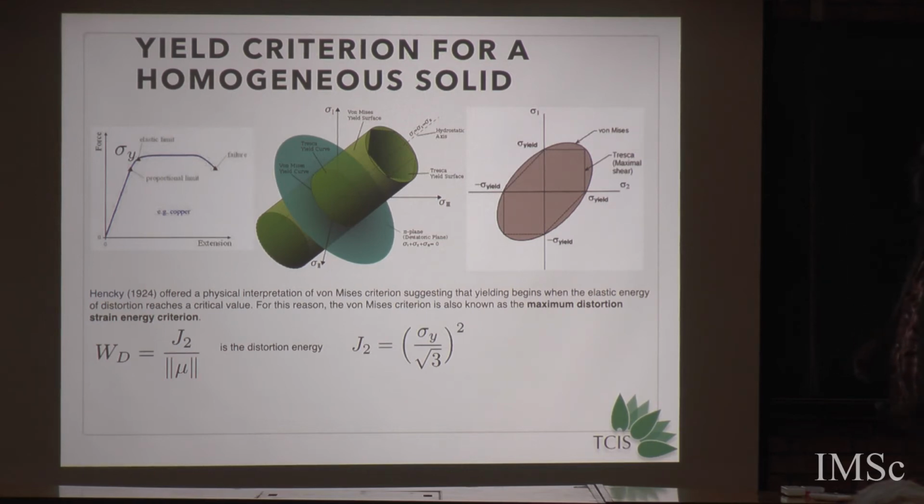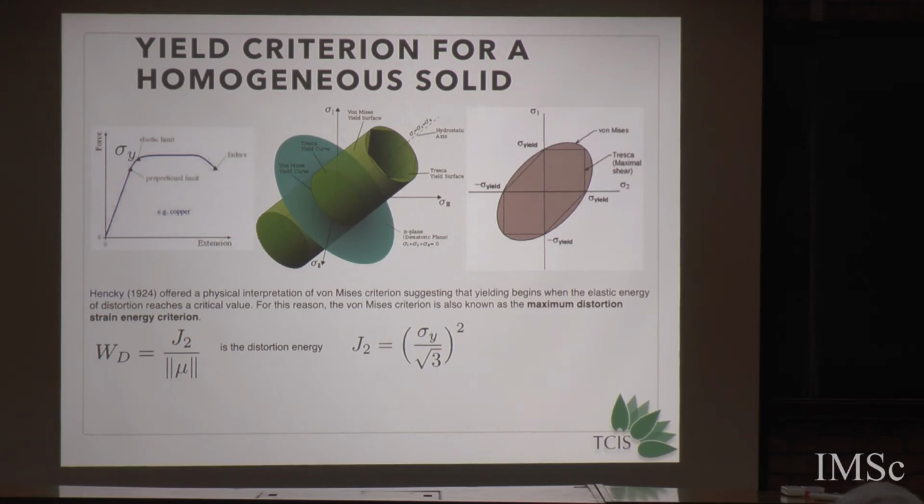Okay, and you can make plots like this, and then you know the actual stresses, and you can see whether the stress falls here or there, and then you know in such a situation whether my element is going to fail or not.